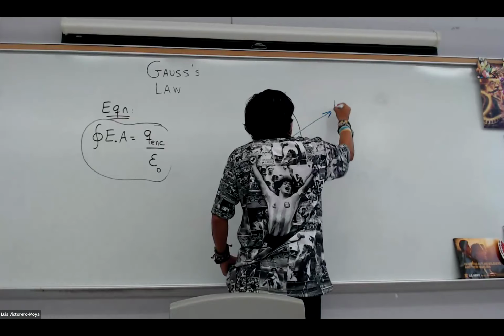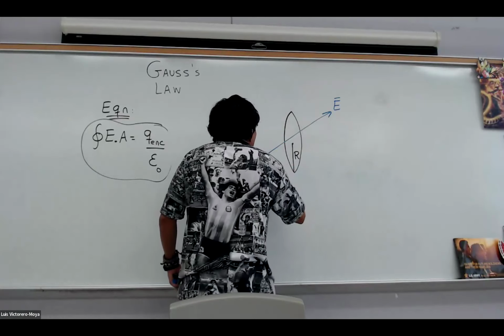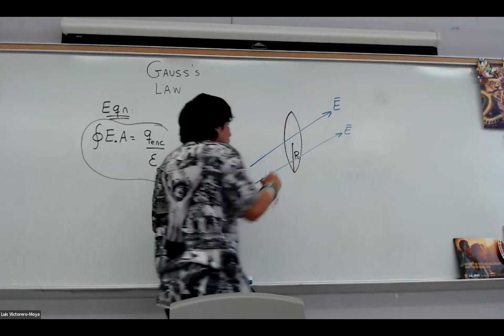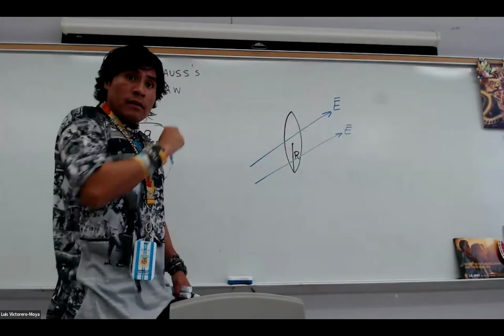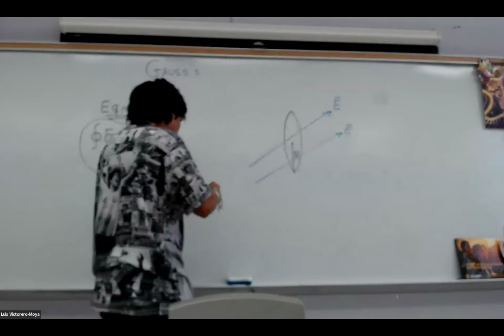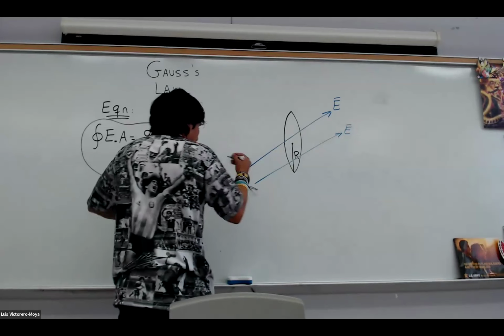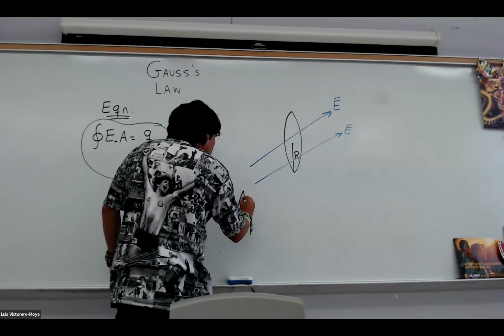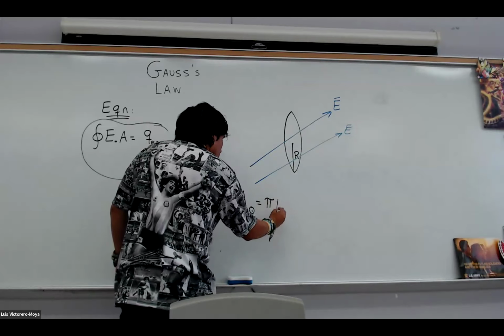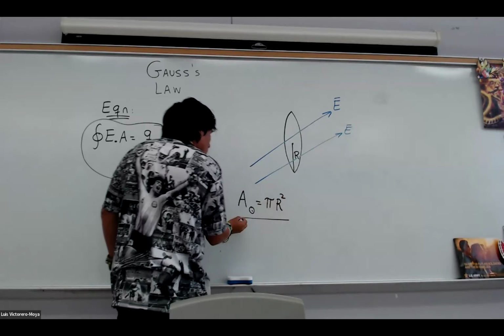You have an electric field going like this. How do you find the flux through that area? Now, if it's a circle, the area of a circle is pi r squared. That doesn't change.